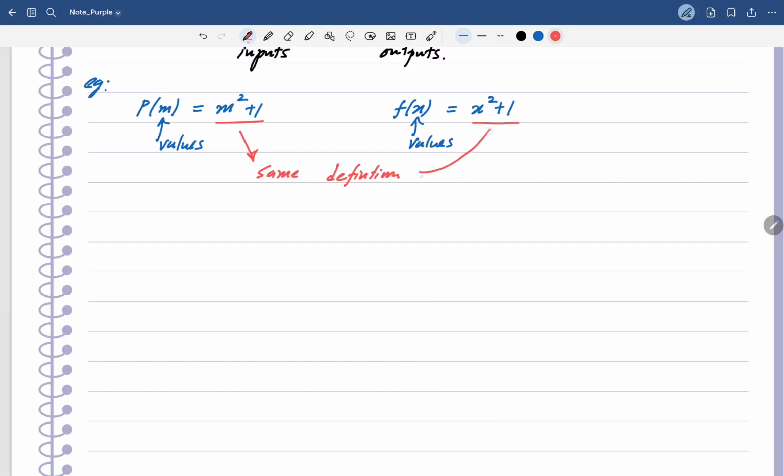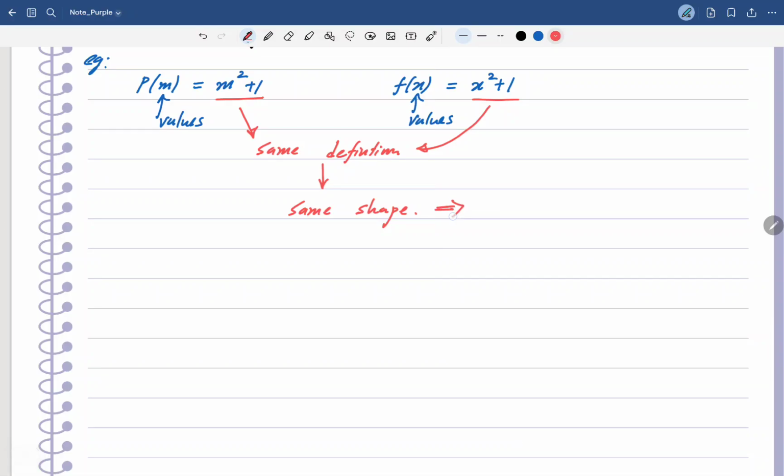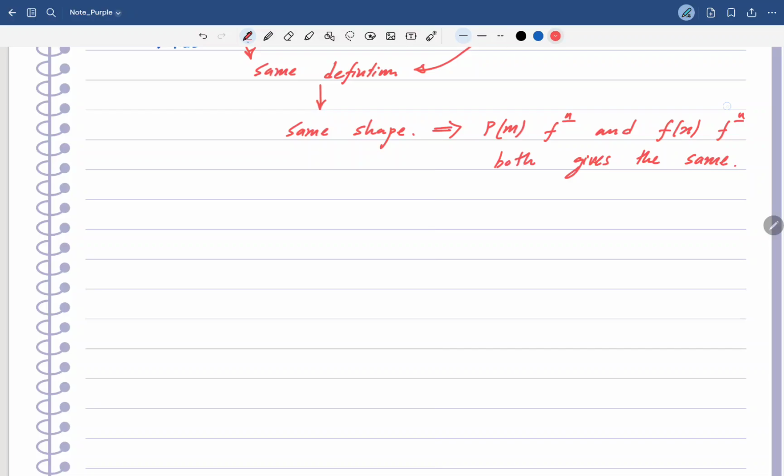Same definition means same shape. So then what decision are we going to make? The p of m function and the f of x function both give the same. So this is like the same food on two different plates. There is no difference in these definitions.